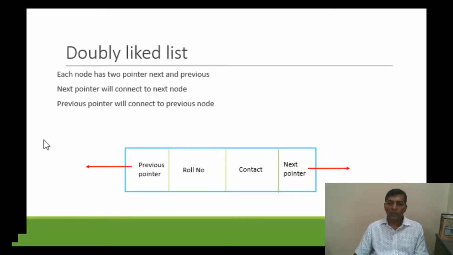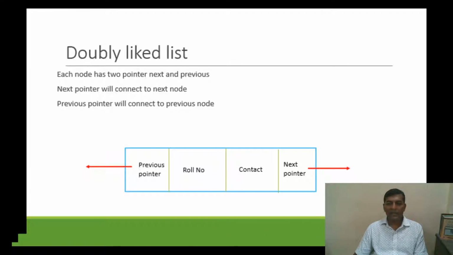Within a doubly linked list, each node has two pointers. One is the next pointer and the other one is the previous pointer. The next pointer will connect to the next forthcoming node in the list, whereas the previous pointer will connect to the previously available node in the list, so that the linked list gets connected to each other.